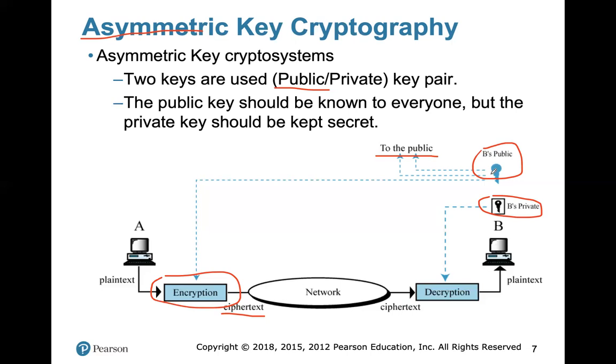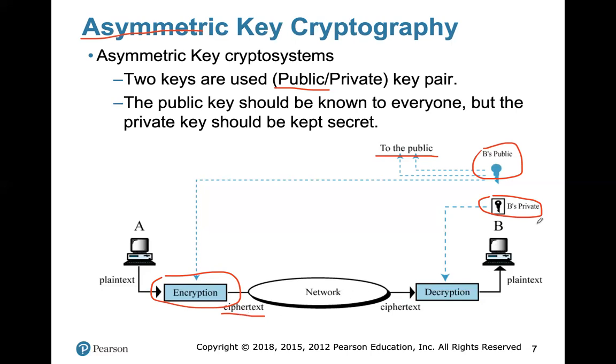So this key is only good for encryption. It's not good for decryption. It is not like the previous encryptions where the same key can do both encryption and decryption. Here this key can only do the encryption. So it produces ciphertext, and A sends it over the network.